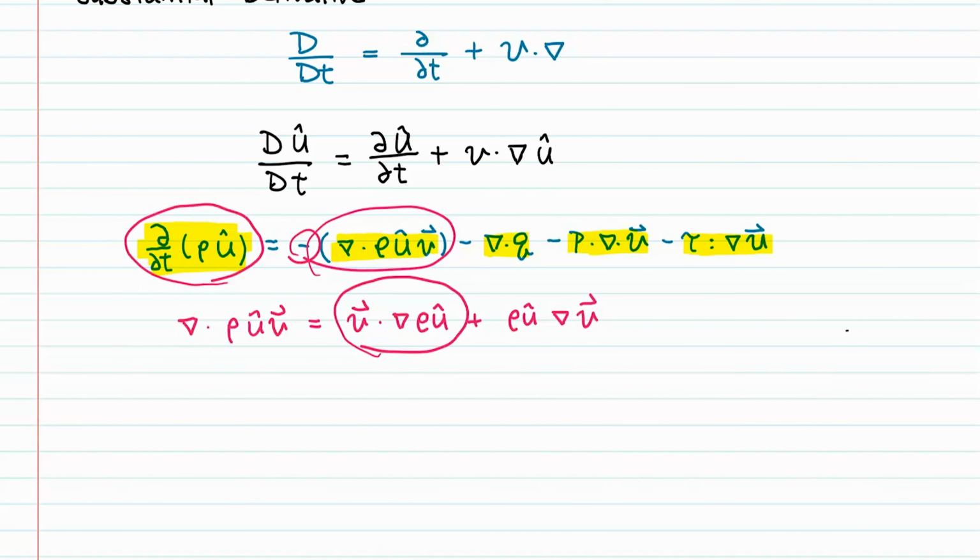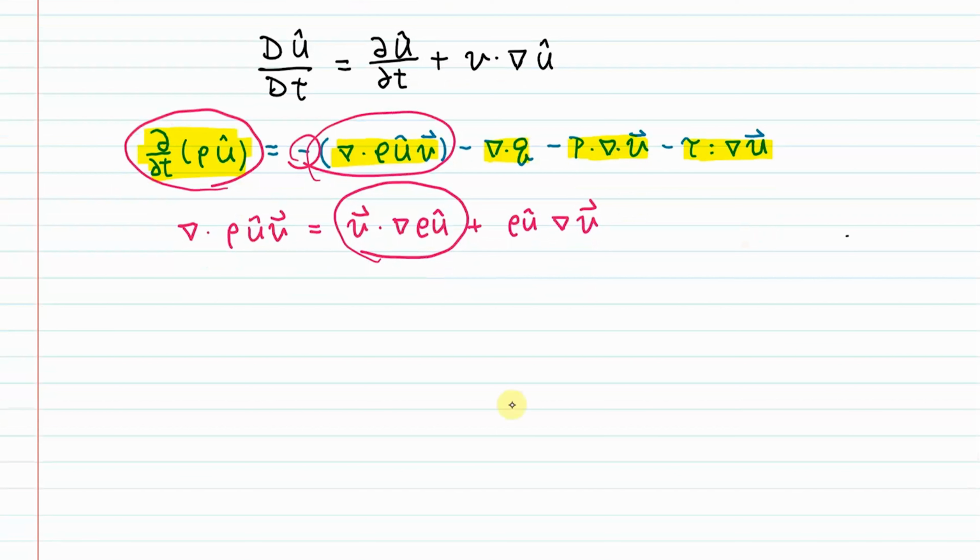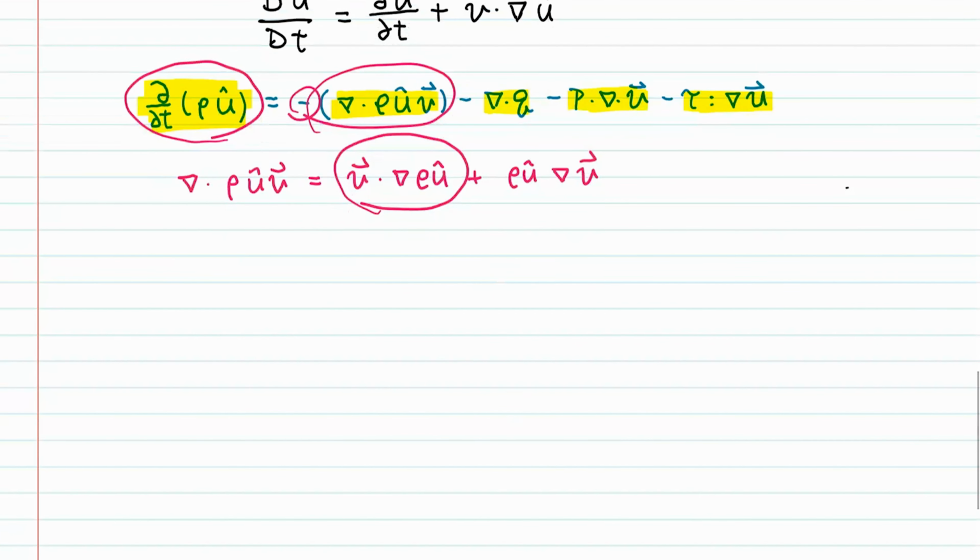So if we do that kind of reorganization, we have partial t of rho u plus v dot the gradient of rho u now equals the right hand side.